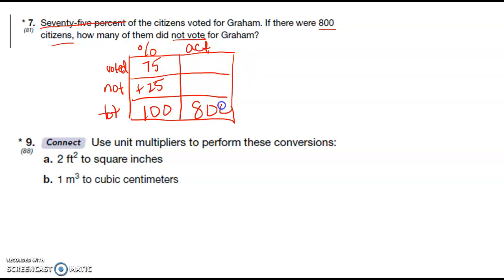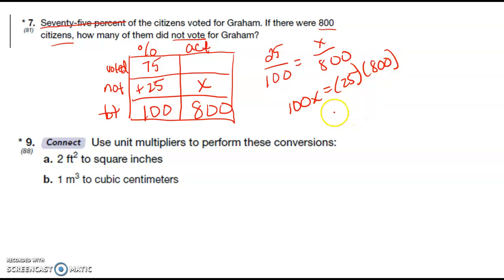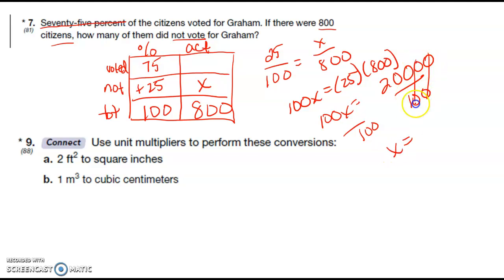If there were 800 total citizens, how many did not vote for Graham? So that means that my proportion is going to look like this. So 200 people did not vote for him. Let me pick a different color.